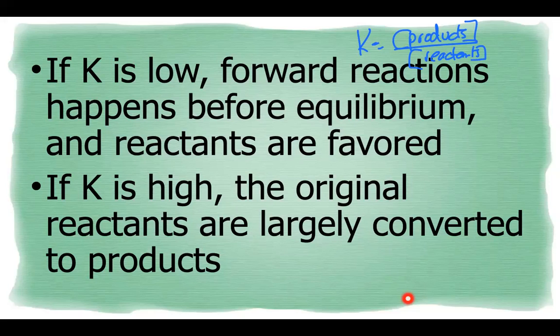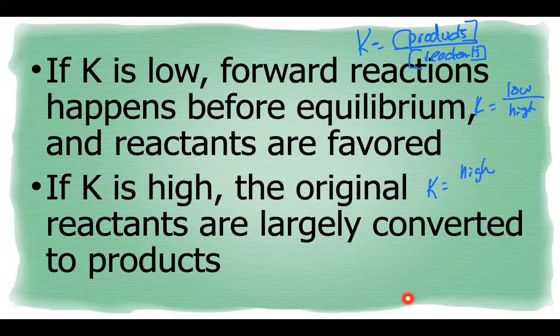If K is low, it means that your denominator is a larger number, which means you've got a low number over a high number. That tells you the reverse reaction is favored because reactants are higher. So you go more backwards.